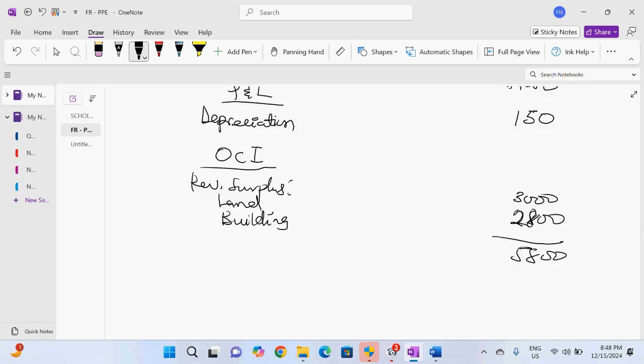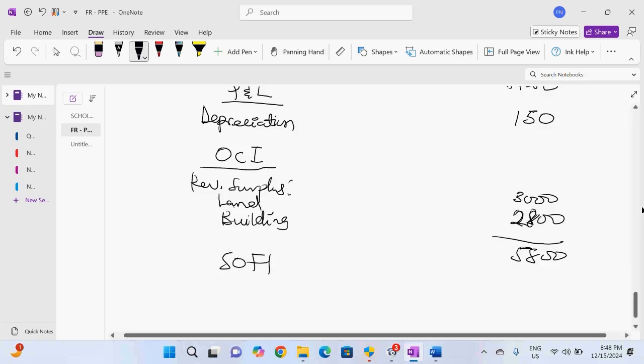Now, are we done? We prepare our statement of financial position. So what are the non-current assets?